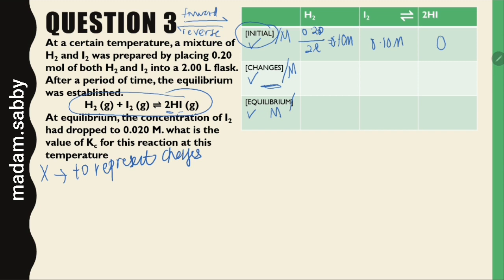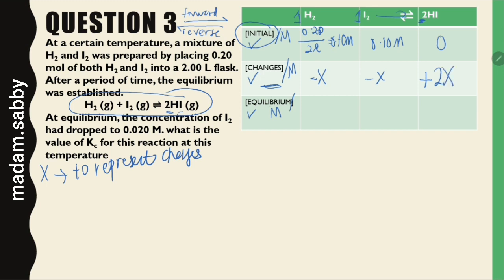Changes are in terms of X, and hydrogen is being used up, so negative, with coefficient 1, so negative X, and 1 again for iodine, so negative X. Whereas in the reaction we are producing hydrogen iodide, so the reaction goes in a forward direction. There are 2 moles of hydrogen iodide, so positive indicates producing, and 2 because of the stoichiometric coefficient in front of hydrogen iodide, with X referring to changes.